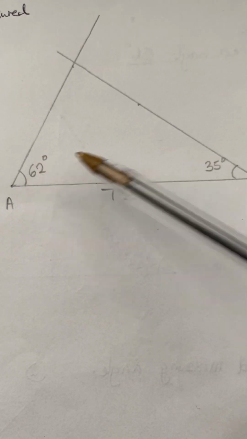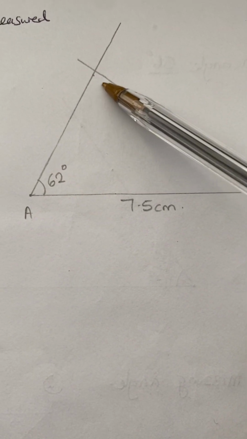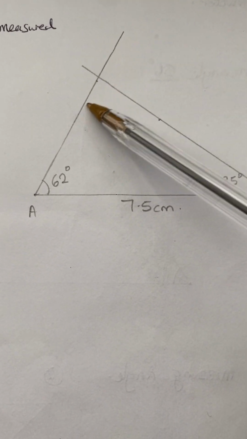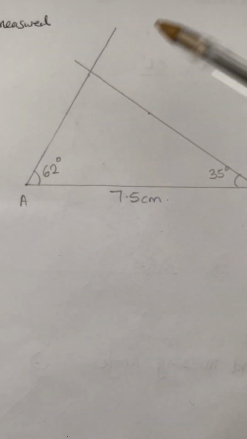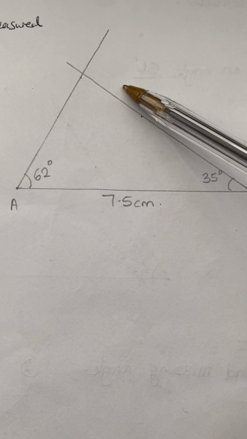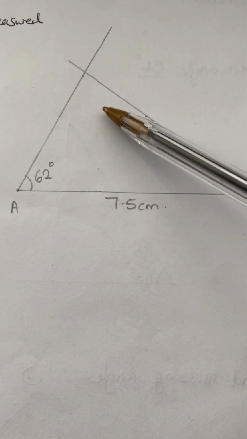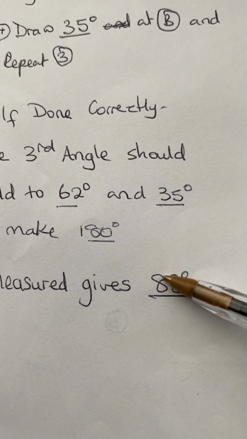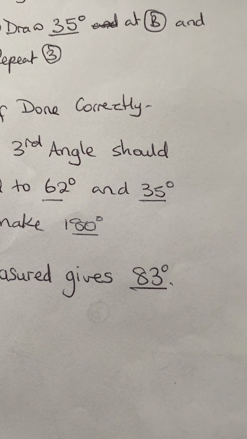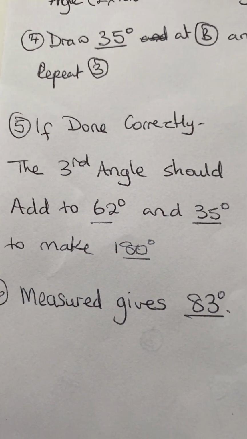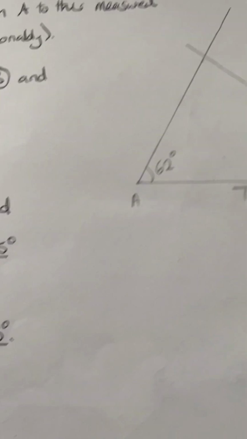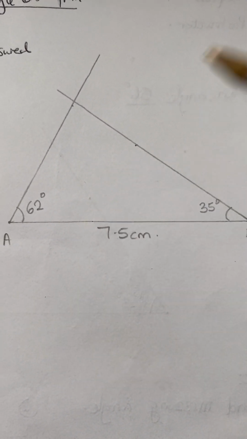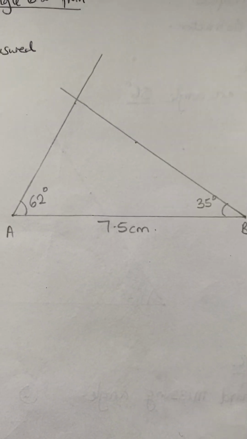But we found from construction that this angle is 83 degrees. That is true, what we've done, and we verified it in calculation. Again, simple construction work that can earn you up to 3 marks.